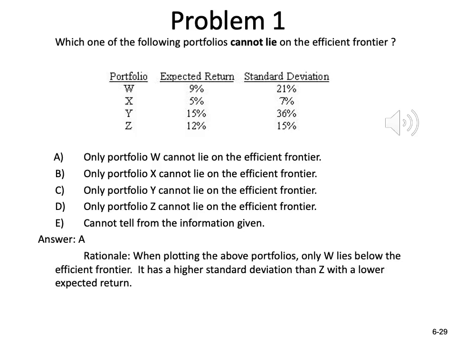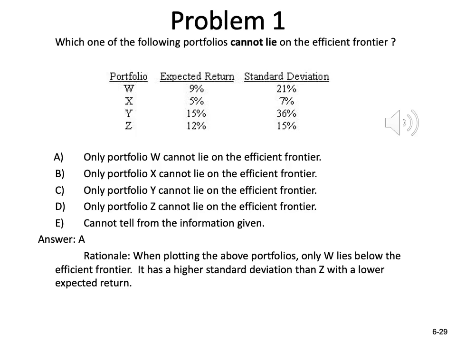Which one of the following portfolios cannot lie on the frontier? The correct answer is A. Only portfolio W cannot lie on the frontier. Why? Because if you look at portfolio W and compare that with portfolio Z, portfolio Z has a higher return, 12% versus 9%.